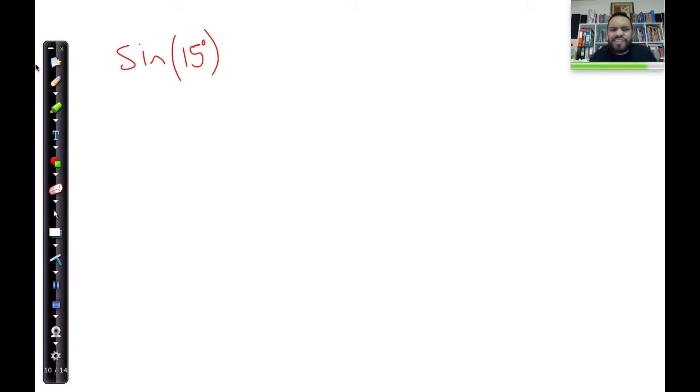So what about sine 15? Well, sine 15 looks tricky. If I told you to do this question without using a calculator, you're going to say, well, Imad, I can do that. That's very simple. Let me just take 45 minus 30 degrees, and that gives me 15 degrees. Congratulations, you figured that out. So you can say that's going to be sine of 45 minus 30. Let's look at the identity for sine.